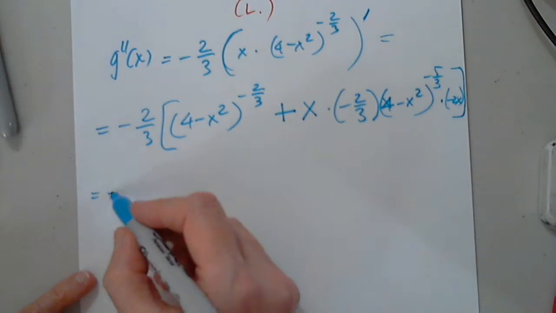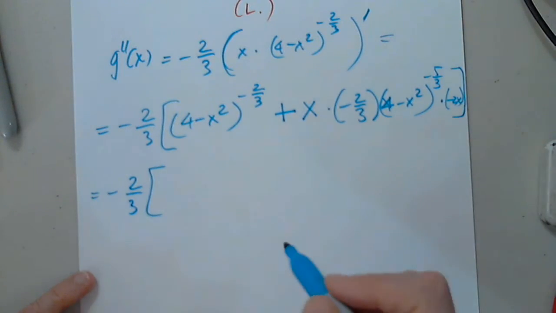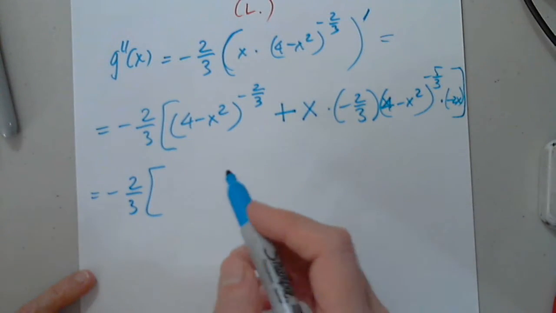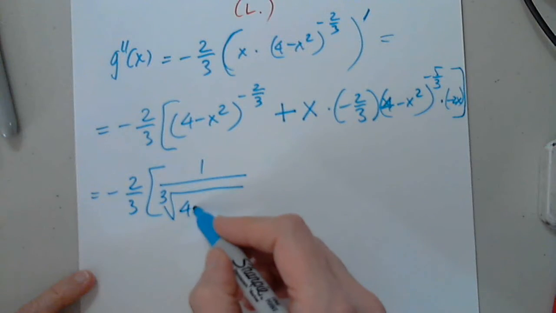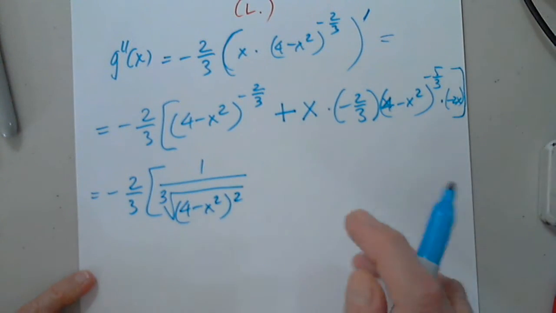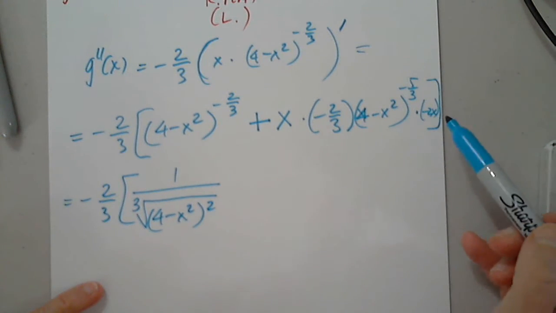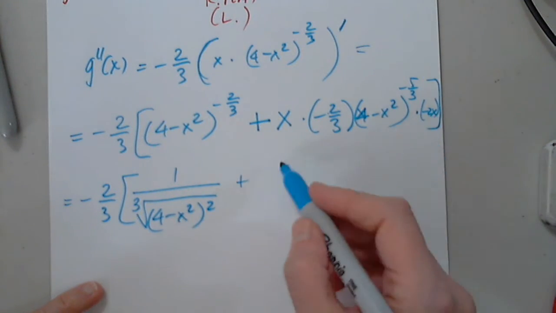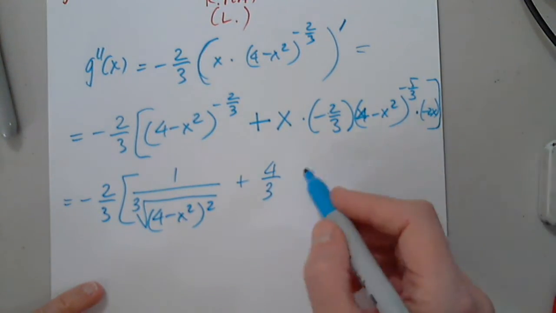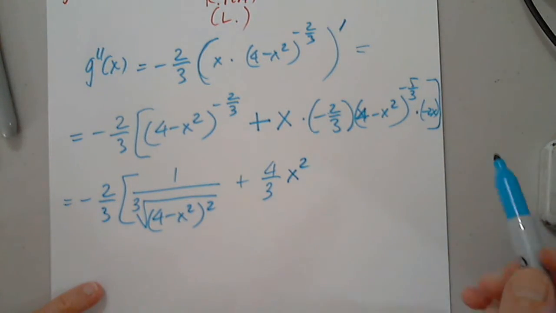So now I'm going to try to clean it up. 1 over the cube root of (4 minus x squared) squared, positive 4/3 x squared.